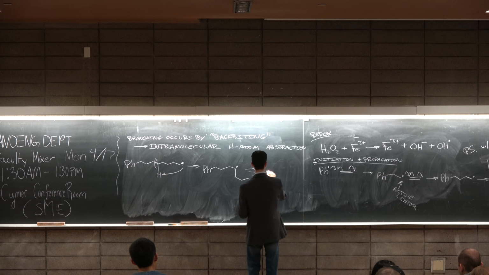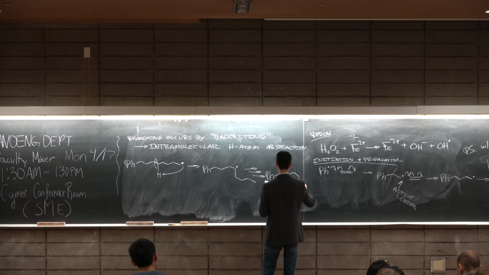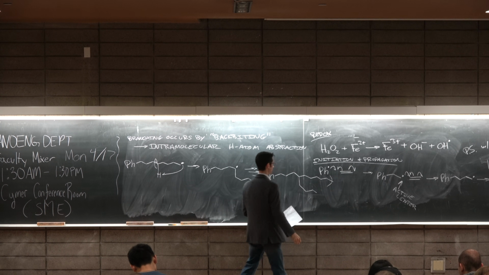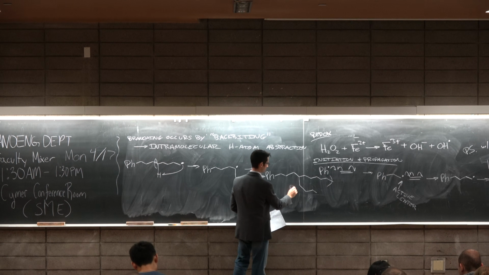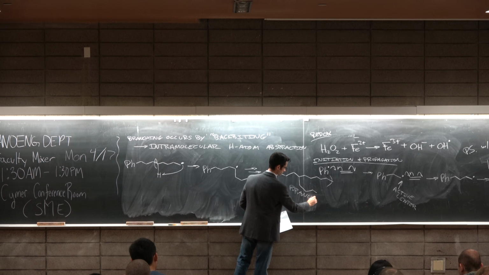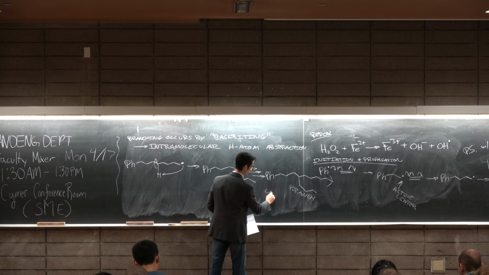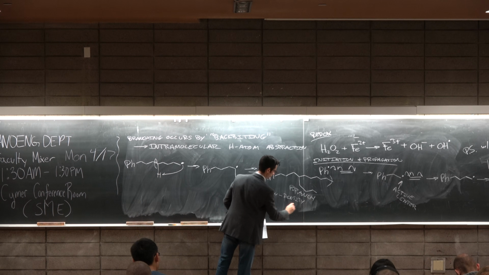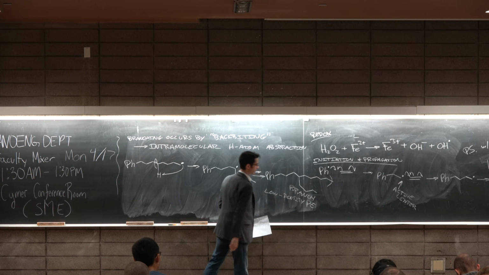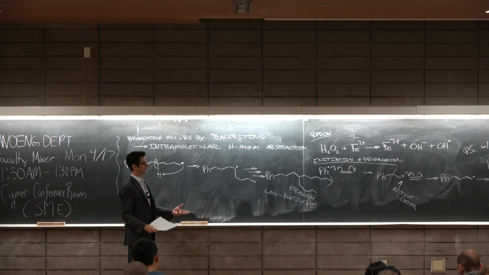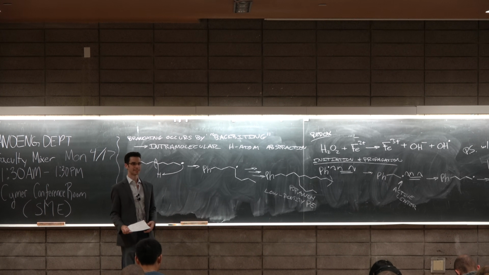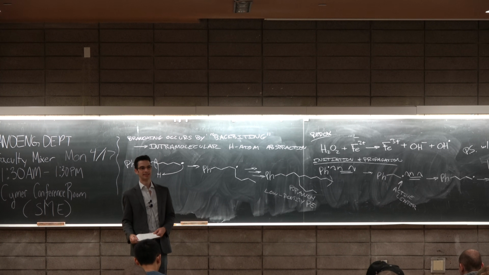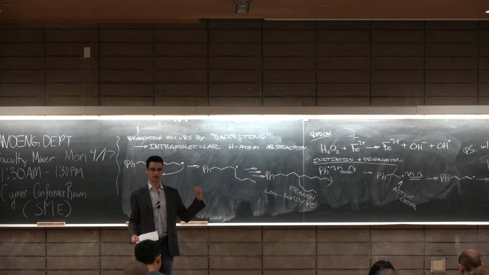So in a couple more polymerization steps, what we would end up with is something like this with a branch. So this would give you low density polyethylene. When you look at a particular plastic container and it says LDPE, it's because there was a whole lot of backbiting going on.